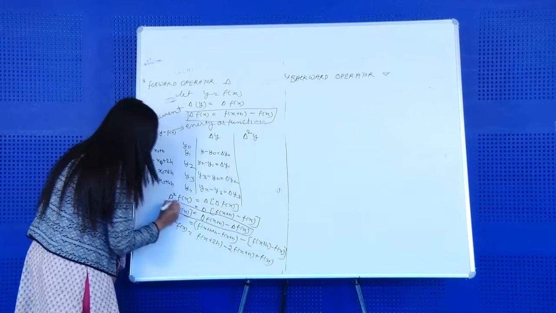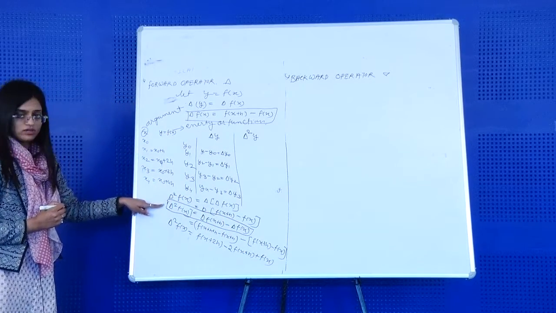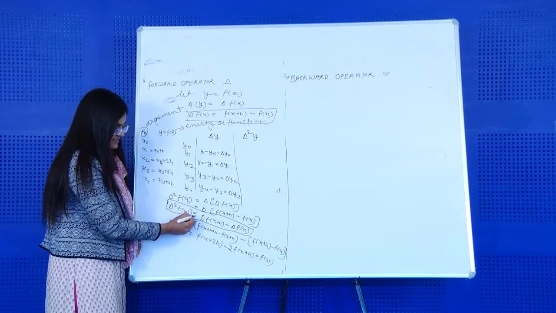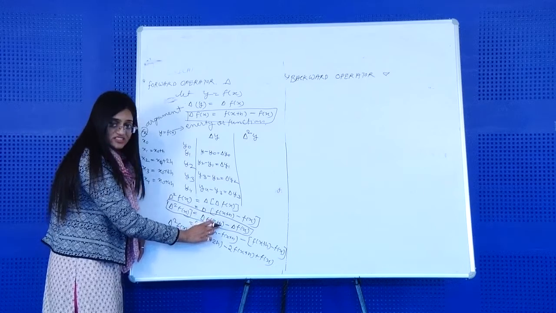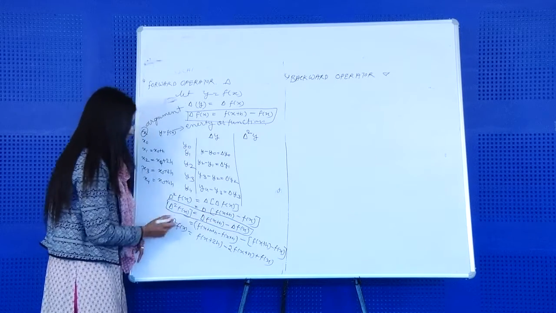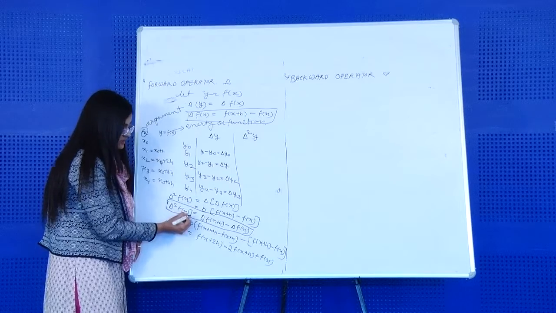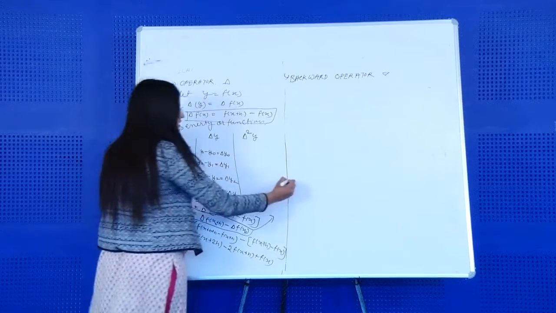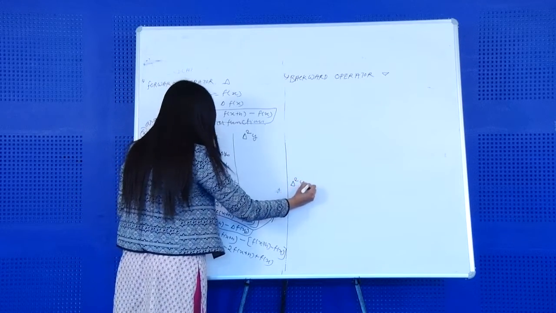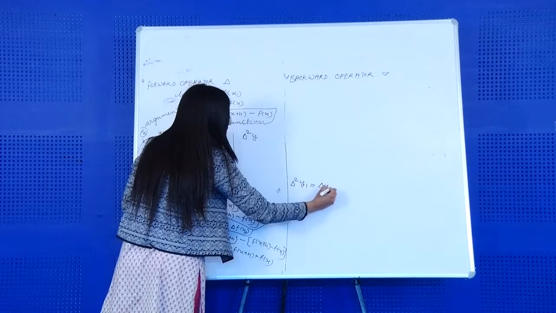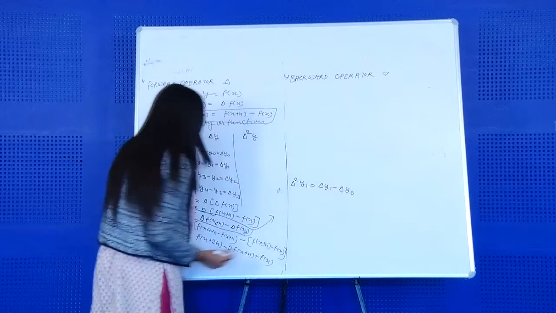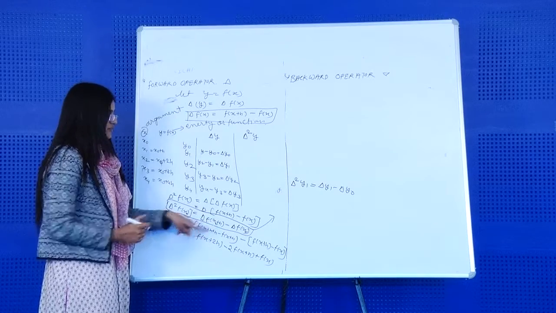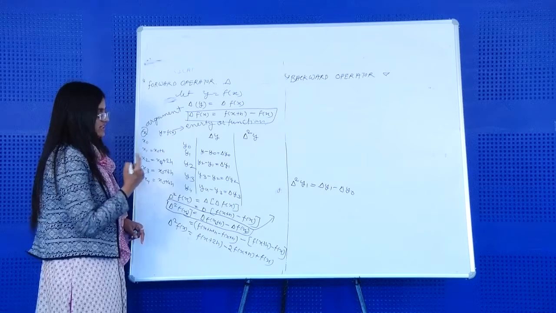See, in this rectangular box, I explain that delta square f of x is delta of f of x plus h minus delta of f of x. I initialize this x value with the x0 position, so this rectangular box converts into delta square of y0 equals delta of y1 minus delta of y0, because x0 plus h is x1, and f of x1 is y1 by the definition.